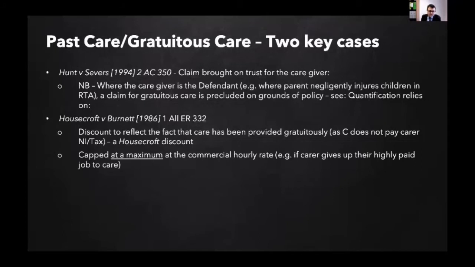And the courts in Housecroft, some may think, take quite a harsh approach there. They say, well, there may well be emotional reasons as to why you've given up your highly paid job, but the defendant shouldn't have to pay for that. Ultimately, you could have bought in care on a commercial basis at a cheaper rate, and so you can't claim your full loss of earnings as a caregiver. The claim for care is limited to what a commercial carer would cost, and that's sometimes referred to as the Housecroft ceiling.